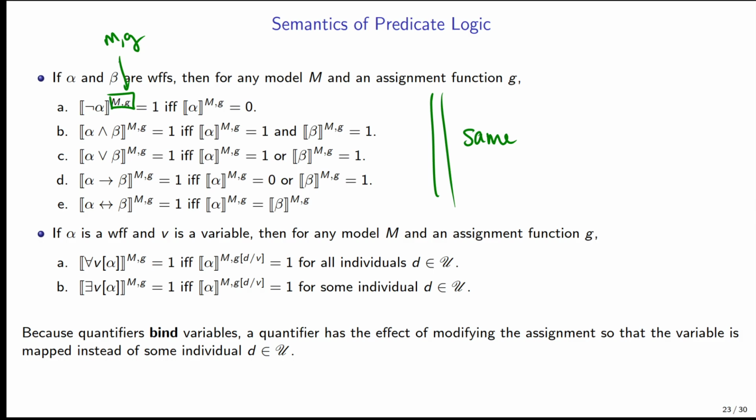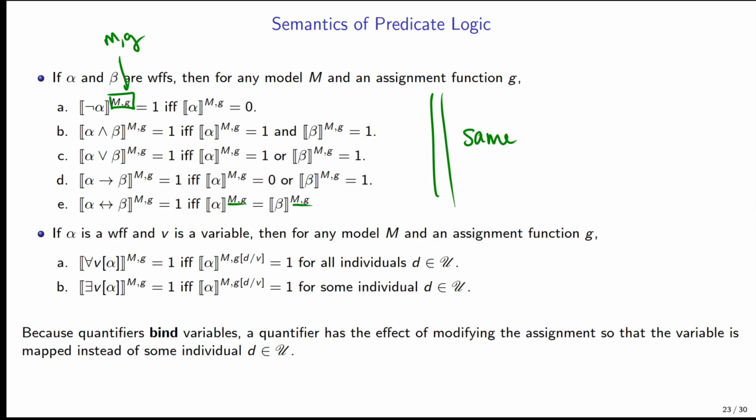So you can think of a situation as things being true or false, but models consist of people and actions. And assignment functions are, of course, assignment functions. They will map our variables at some point. So for connectives, not, and, or, if then, and if and only if, nothing is different from propositional logic. It's just that we have the difference between v and M, g.